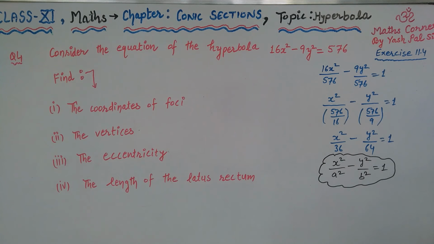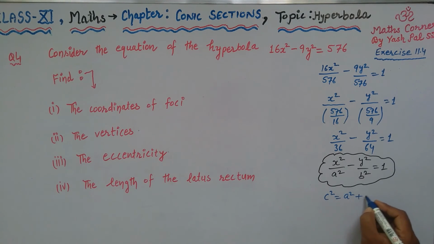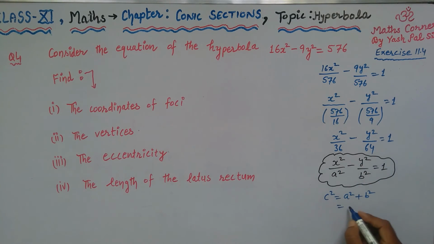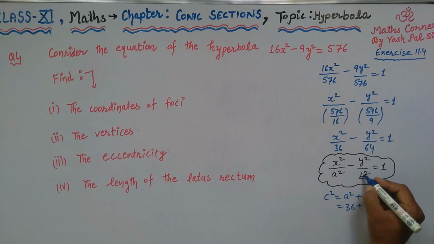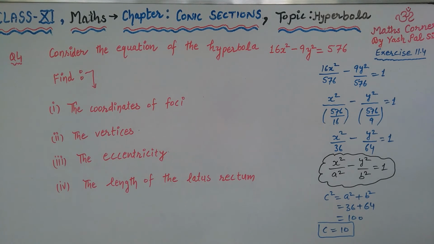Now what we know, the relationship between c square, a square and b square is c square is equal to a square plus b square, right? So this becomes a square is 36 plus b square is 64, so c square becomes 100. That means the value of c is 10, right? Now we can find the solution of our questions.